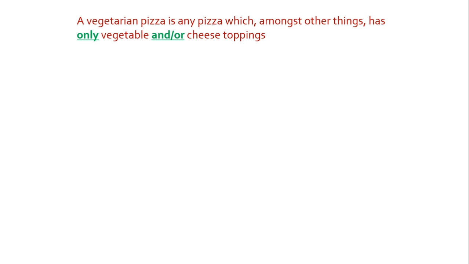Now we'll be combining this for all with some other concept. So here we are trying to define vegetarian pizza as any pizza which among other things has only vegetable or cheese topping, right?